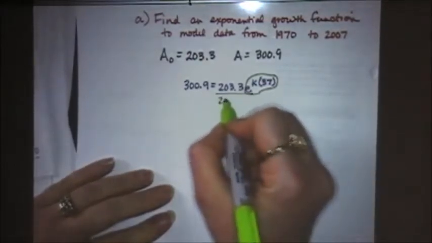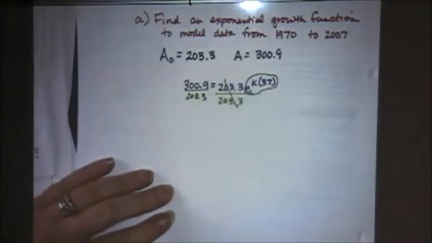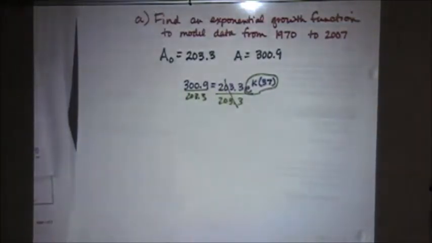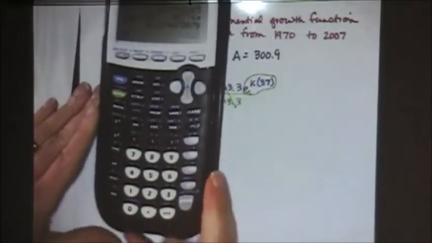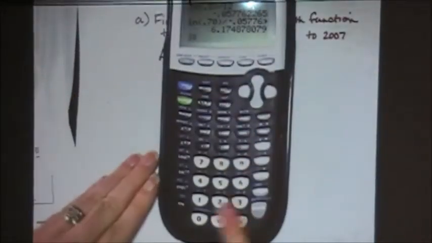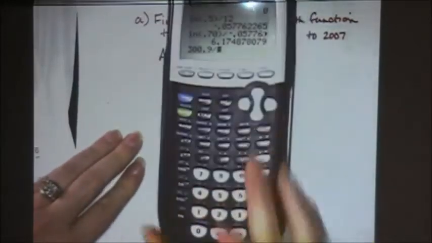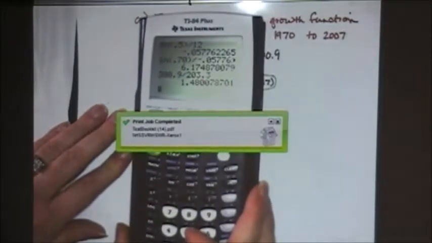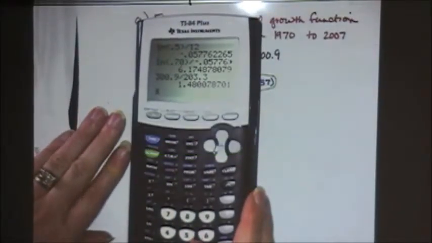So the first thing I'm going to do is divide by 203.3. And that cancels that out. Now, on my calculator, when I do this, I'm going to get decimals. I'm just going to leave the things in my calculator so that I don't have to round until the end of the problem. So you can see I got 1.480078701.